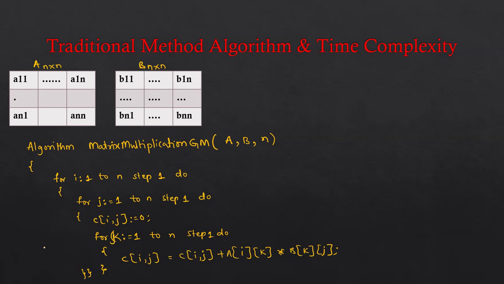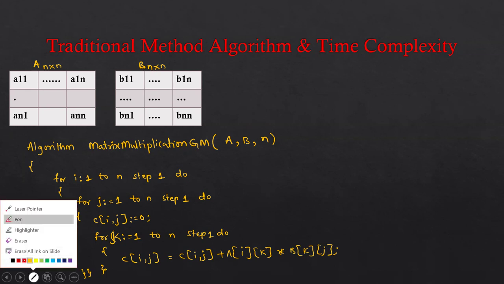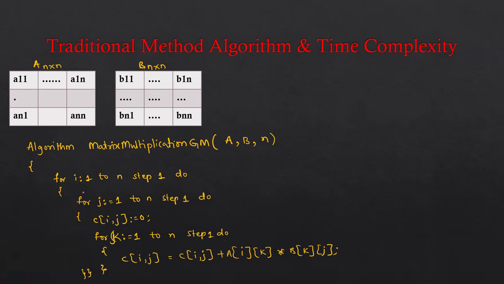So let us see how much time it consumes. How many times is this k iterating? n times. So this equation is going to be evaluated n times for this k value. For each j value, this k is iterating n times, so this is also n.